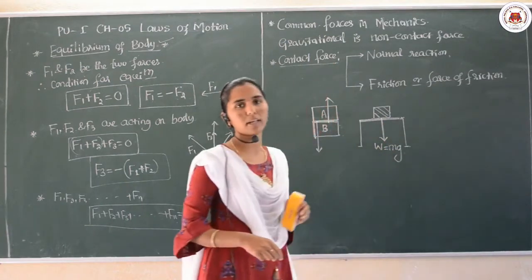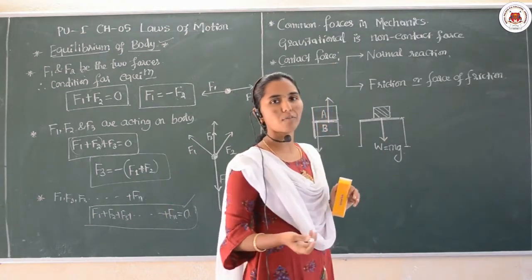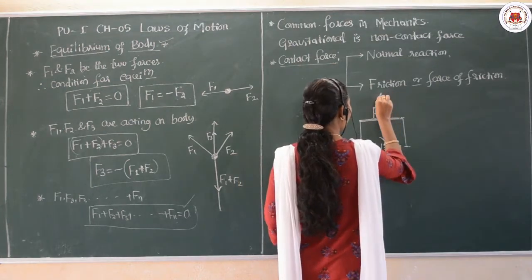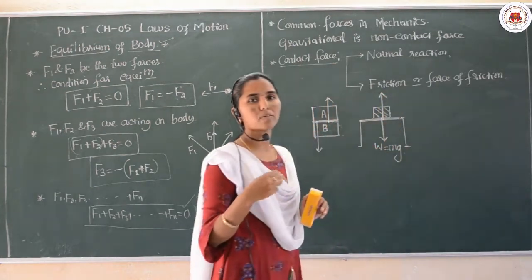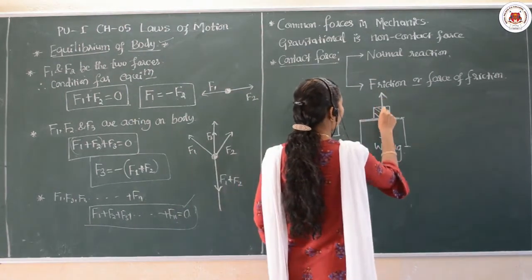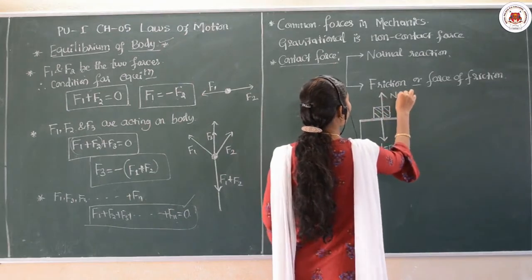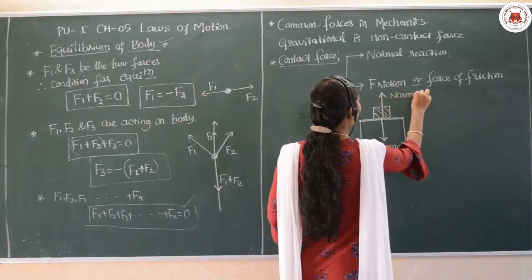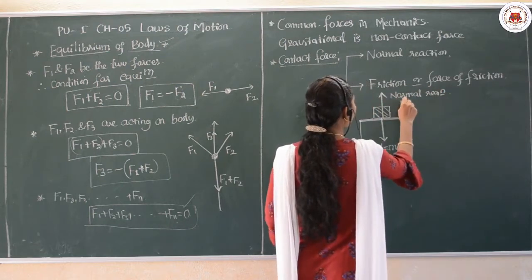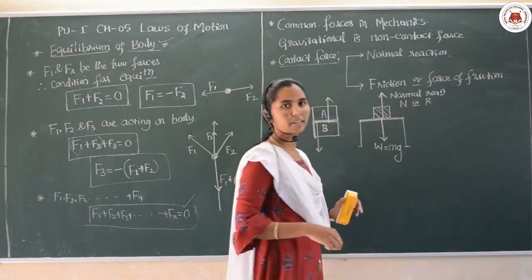At the same time, what happens? By Newton's third law of motion, the table also exerts an equal and opposite force on the book here. So that perpendicular force we call the normal reaction here. This can be denoted either by N or by the letter R.